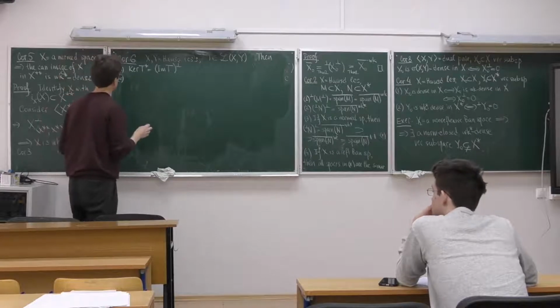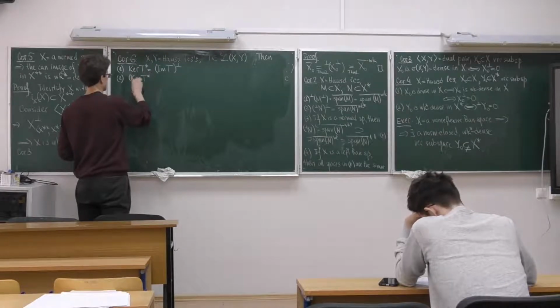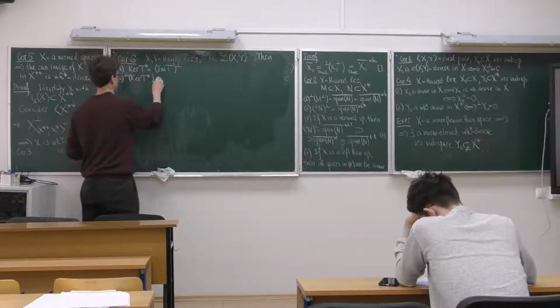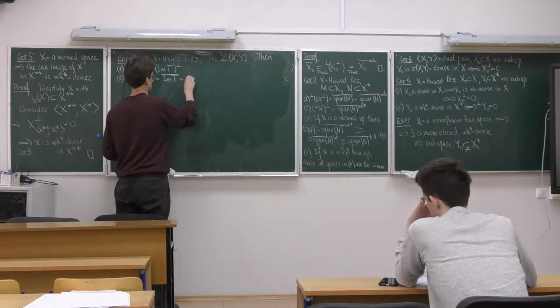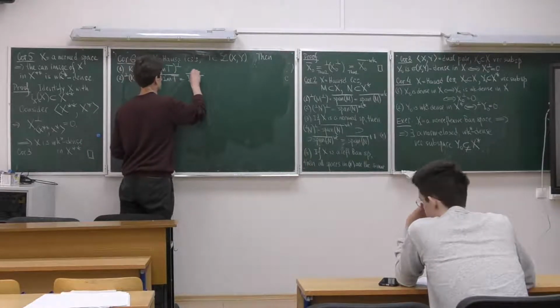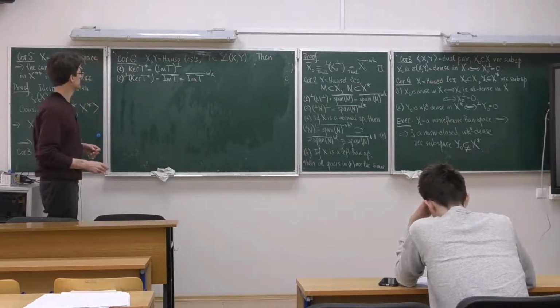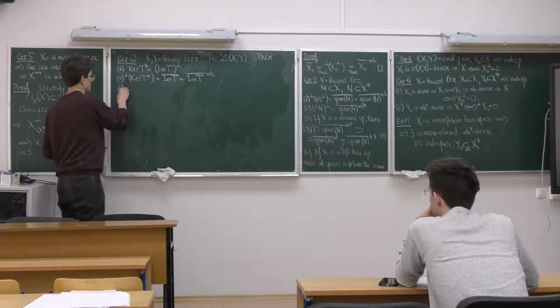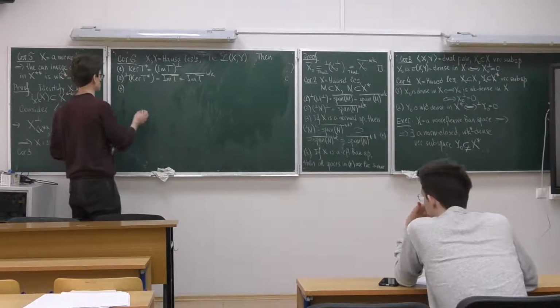Second, the pre-annihilator of the kernel of T star is equal to the closure of the image of T and is equal to the weak closure of the image of T. Equality 3 is dual to 1.